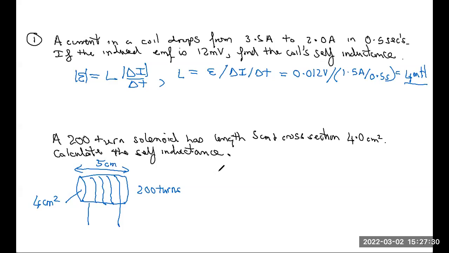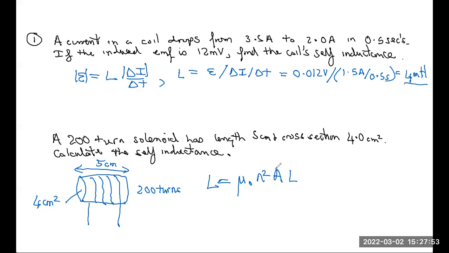So let's go ahead and calculate the self-inductance. The formula for the self-inductance can be written as mu naught lowercase n squared times A, the cross-section of the solenoid, times the length of the solenoid.